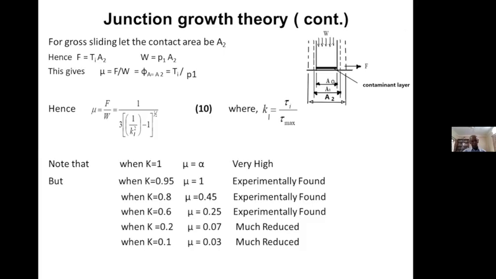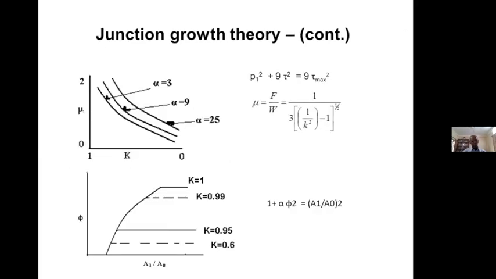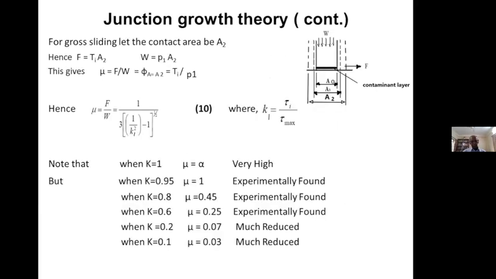Now these results we plot and show in this slide. We plot mu against K, and this is actually K1 it should be, that is the ratio of the contaminant layer and the bulk material, that falls, as we have seen earlier, as K reduces.